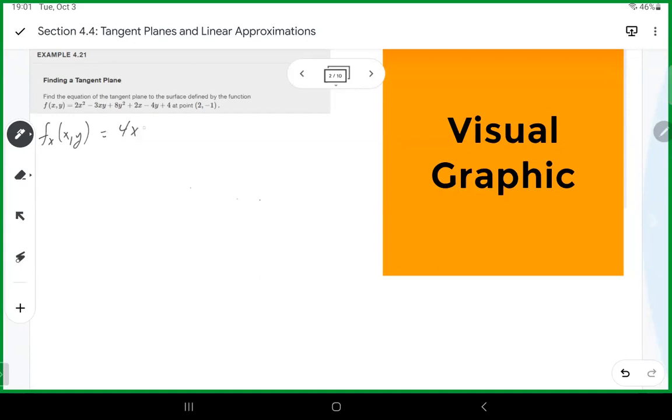So the partial derivative from the x direction, from the y, and then we also have to plug in our values.